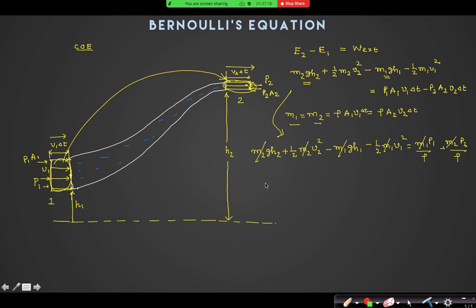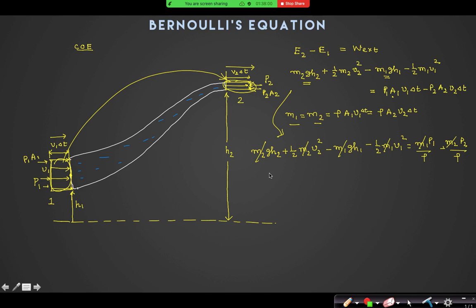If I take these things to one side, I have just kept A1 V1 delta T as M1 by rho, and A2 V2 delta T as M2 by rho. On the RHS, it is minus.